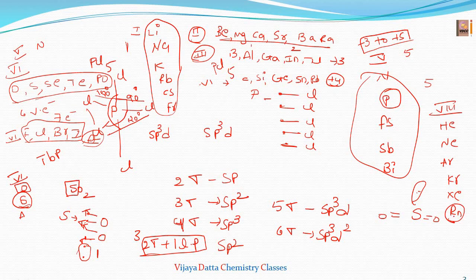Radon is a radioactive element. Helium is stable with the duplet configuration. The remaining neon, argon, krypton and xenon have 8 valence electrons in the outermost shell. So the very first point to write the hybridization is to remember the valence electrons.